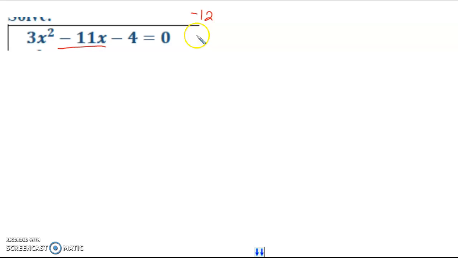So if I take 1 and -12 and add them together, I would get -11. So I'm going to use these to spread this out a little bit. So I have 3x squared plus 1x minus 12x minus 4. Now I can break these up into groups.